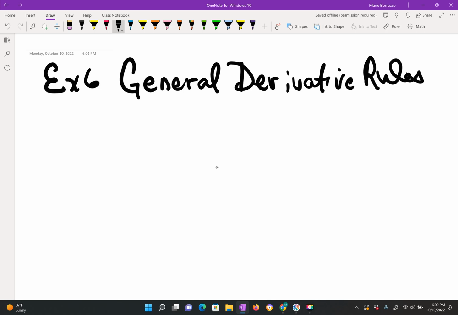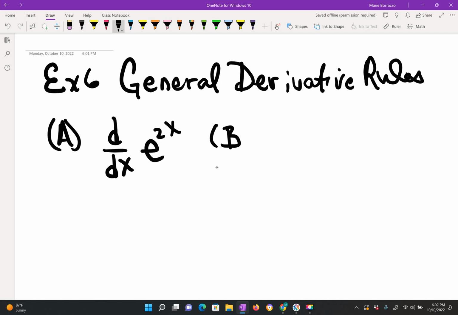So general derivative rules, they're giving us 3 little examples. So we're going to start with A. They're asking us for d over dx given e to the 2x. In part B, we have d over dx natural log of x squared plus 9.